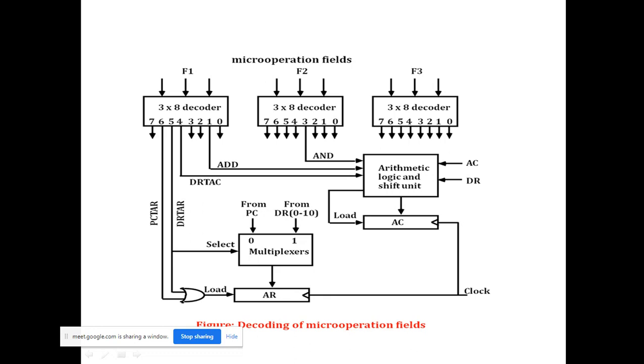This method reduces the microinstructions, but it increases the hardware units, and the time delay also increases. Mainly the instruction size is reduced, but the hardware for the control memory is increased, and time delay is also increased.